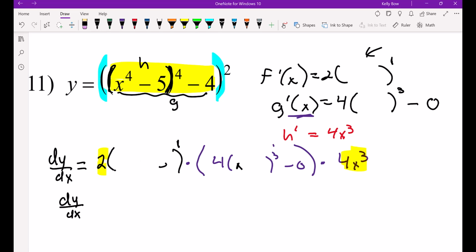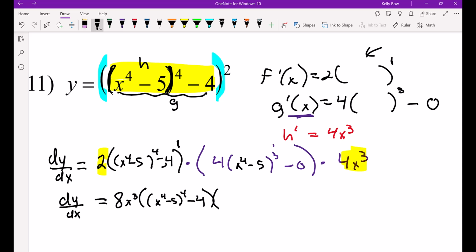Oops. Inside that is the whole thing. Sorry about that. And there you go. So we have 8x cubed times x to the fourth minus 5 to the fourth power minus 4 times, let's see what we have.